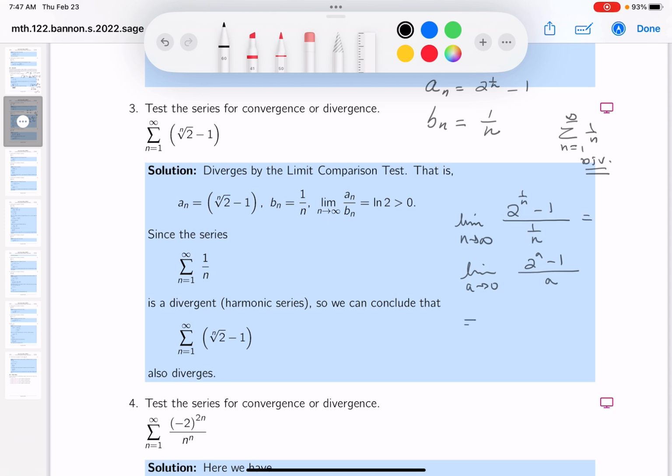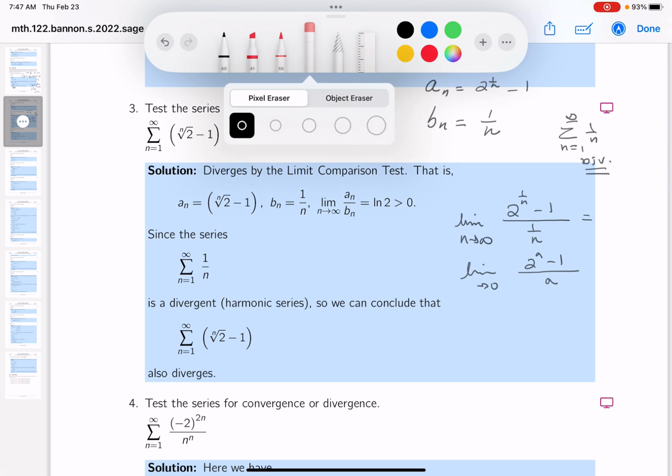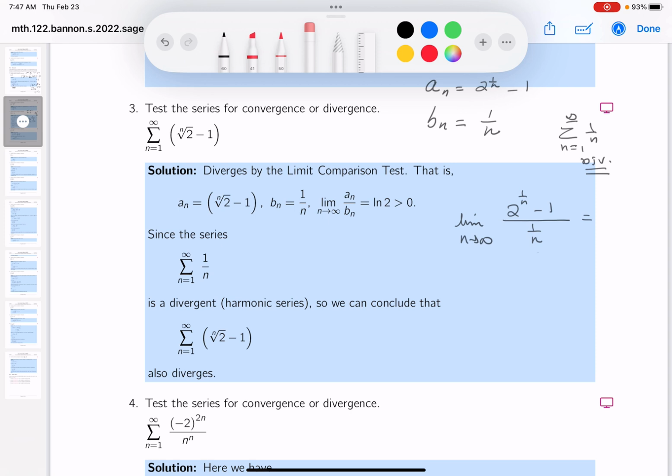I'm going to write it with x's now, because it makes more sense since we're talking about continuous functions. Let me get my eraser out, erase this whole business, and write it so I can do the limit: the limit as x goes to 0 of 2 to the x minus 1 over x.